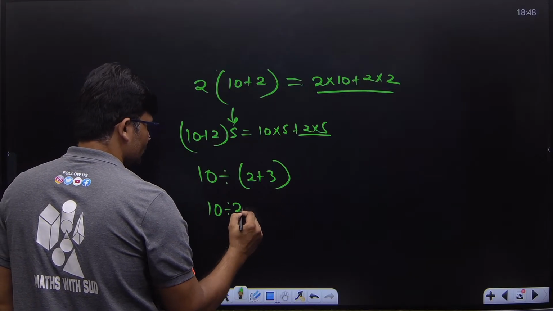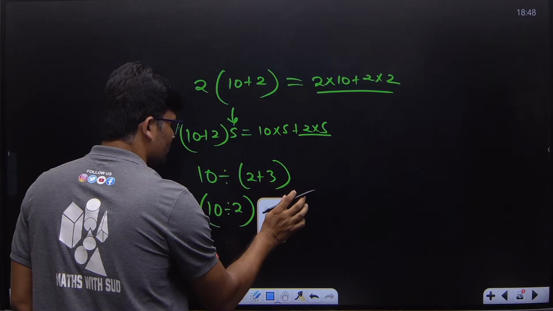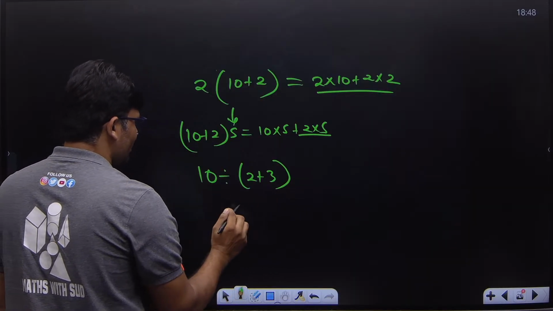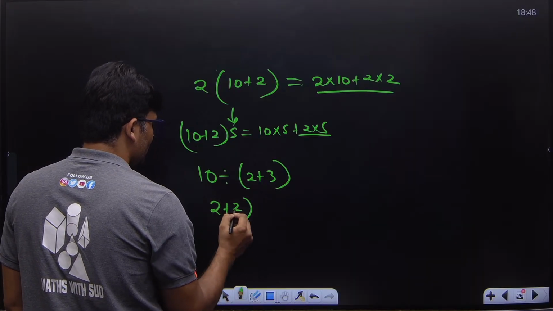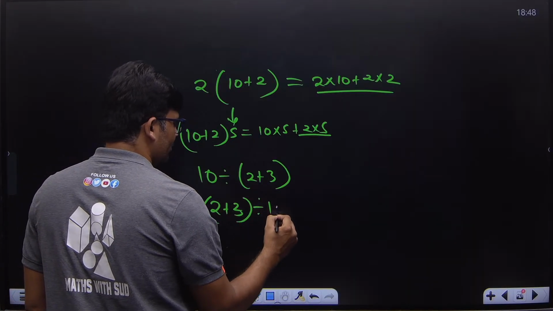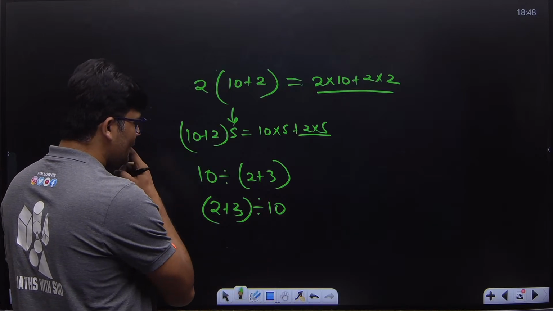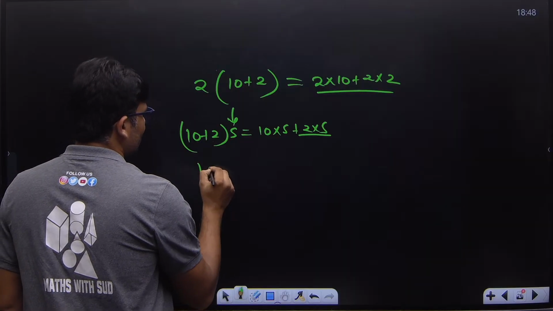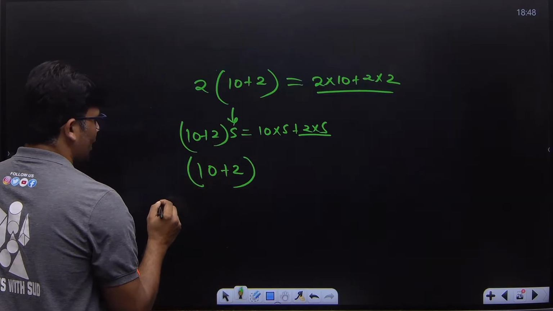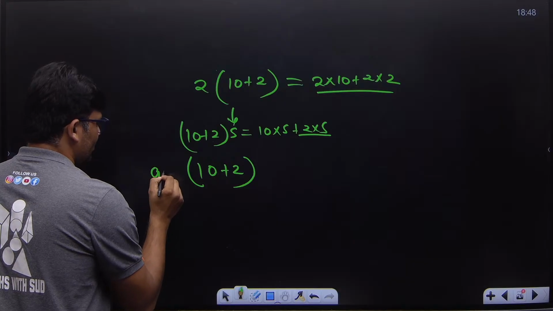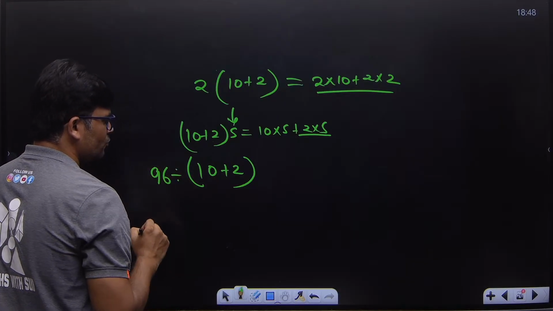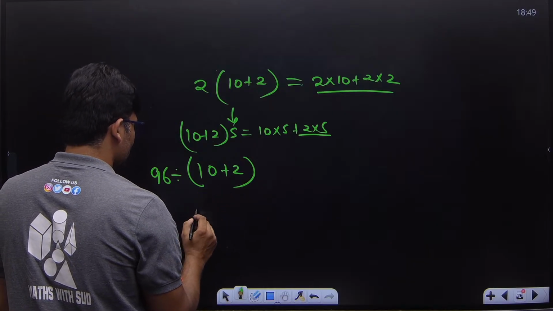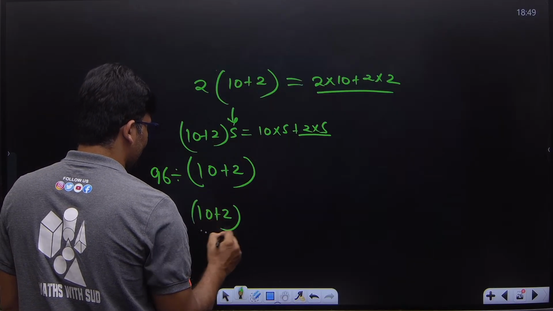It has to be put in this way: 96 divided by 10 plus 2, or 10 plus 2 divided by 96.